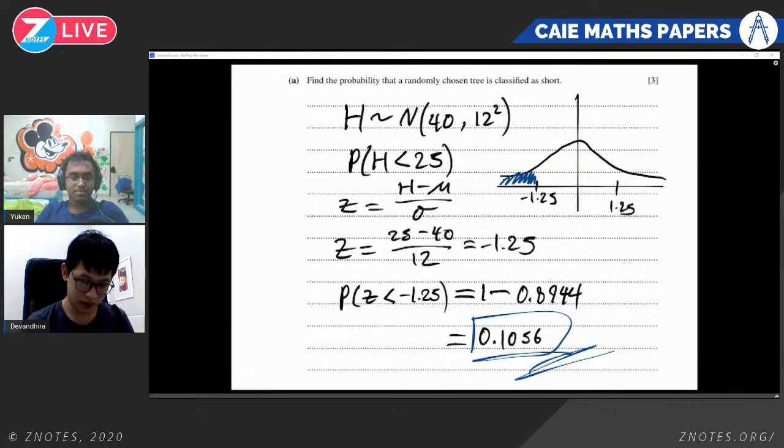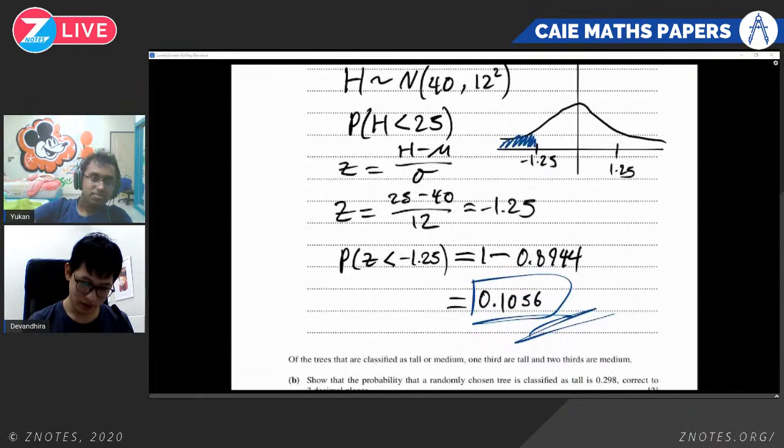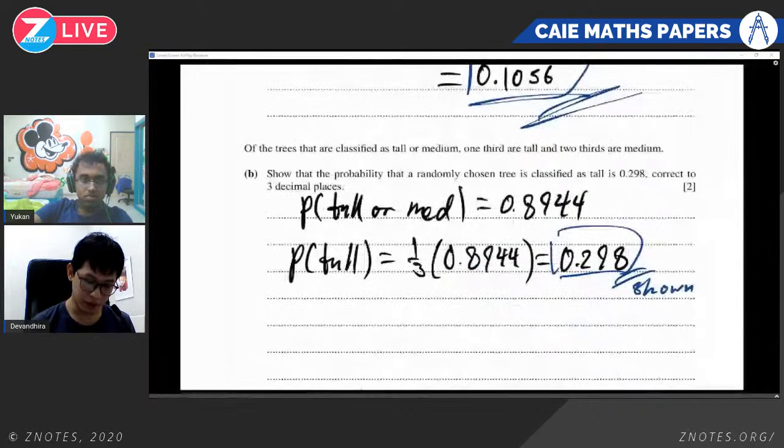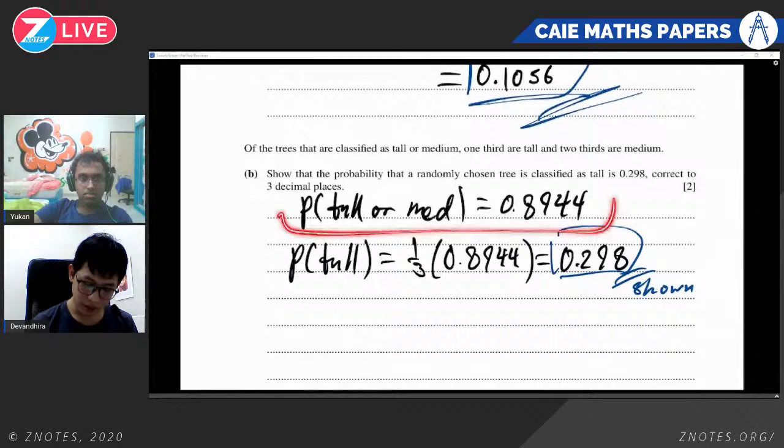Exactly. That's correct. So next question. Of the trees that are classified as tall or medium, one third are tall and two-thirds are medium. Show that the probability that a randomly chosen tree is classified as tall is 0.298, correct to three decimal places. So the probability of getting tall or medium is 0.8944. Why?